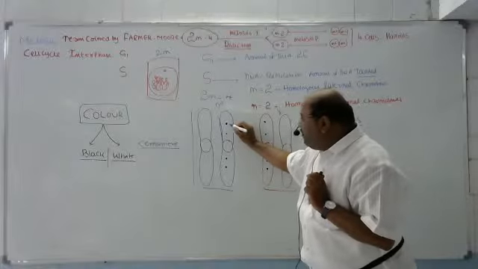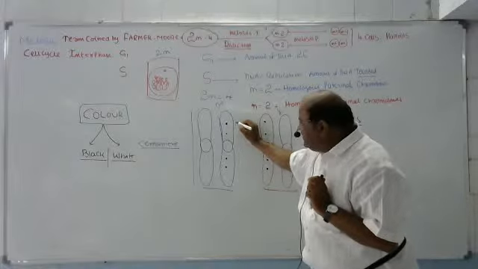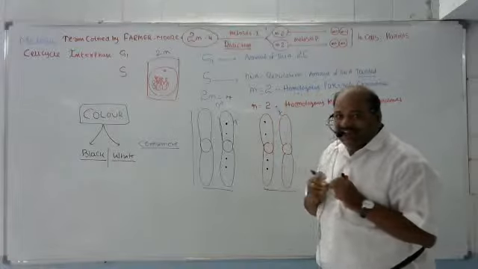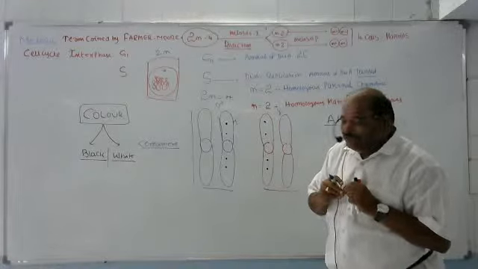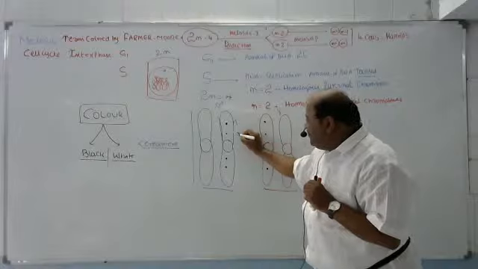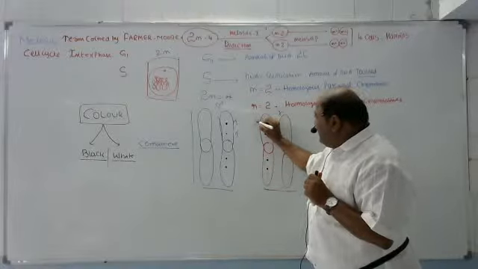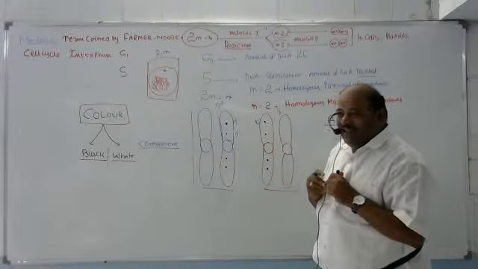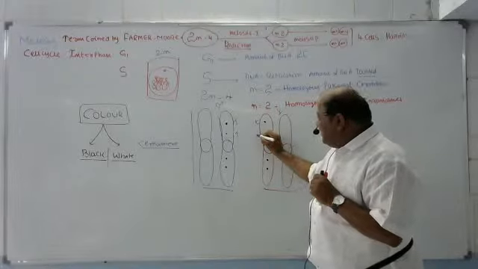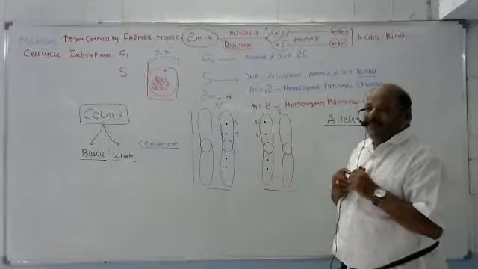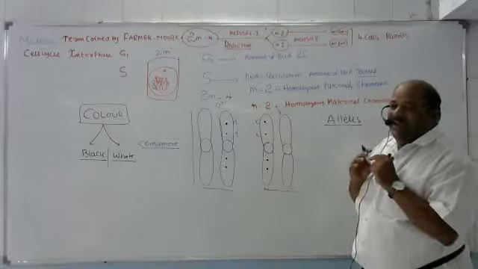For example, now I would like to take here a gene that is capital T. Here also, which is there? Capital T. Here the alternate expression is small t.